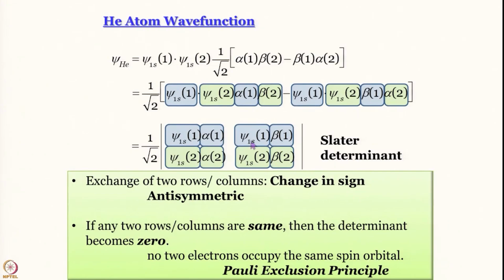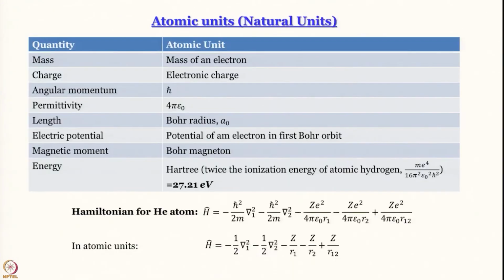Okay. And also this is something that we will not use today, but in the next class we are going to get back to this later, the determinantal way of representing wave functions, after today's lecture.